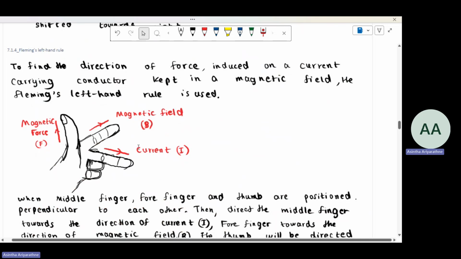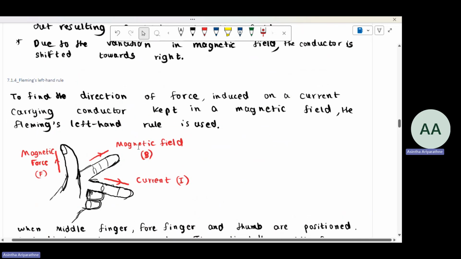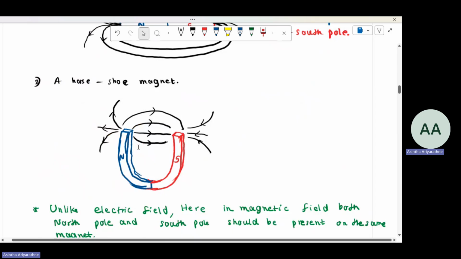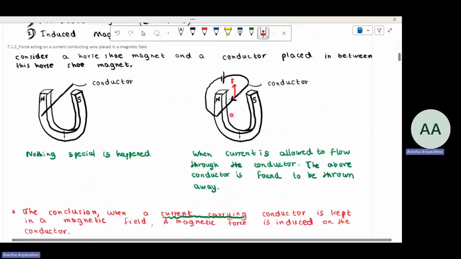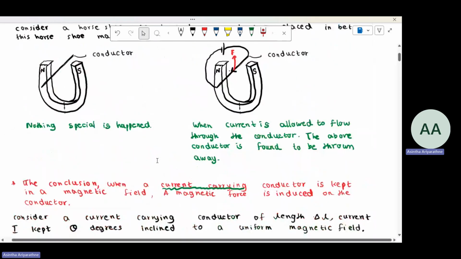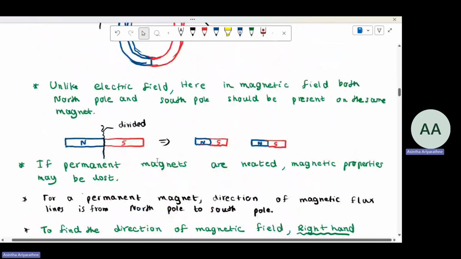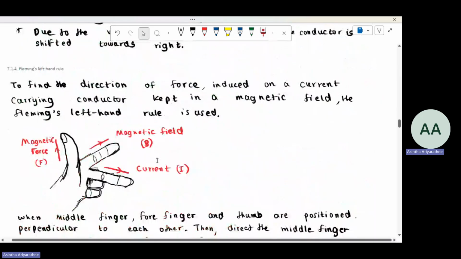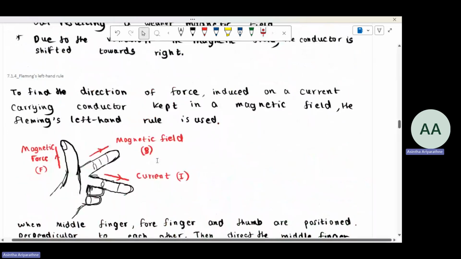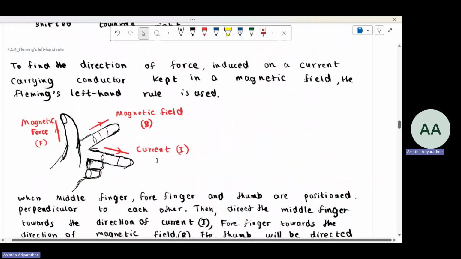Then we learned that a current carrying conductor kept in a magnetic field would be shifted. To find the direction of this force, we can use Fleming's left hand rule.